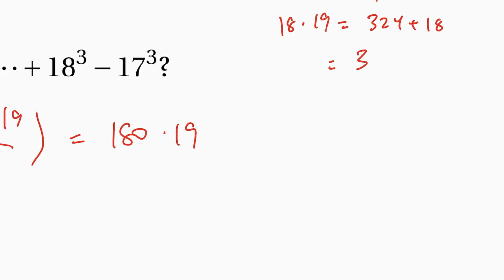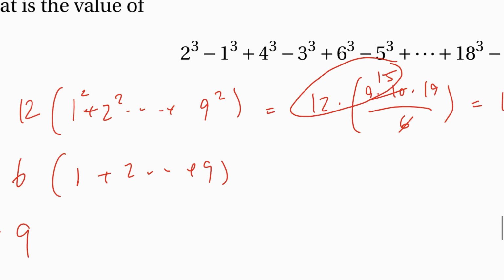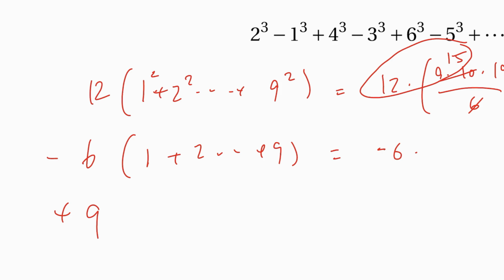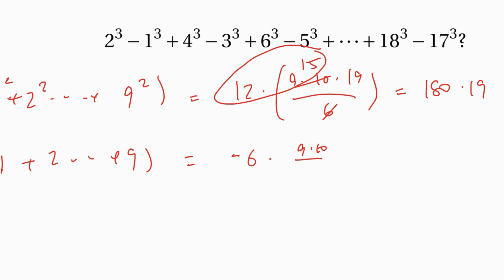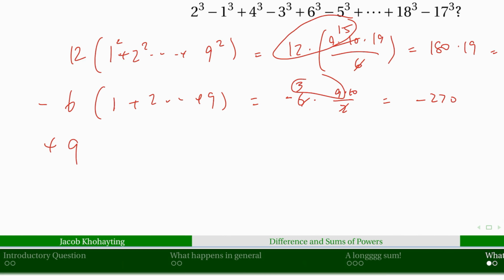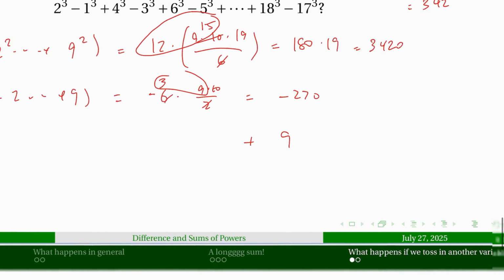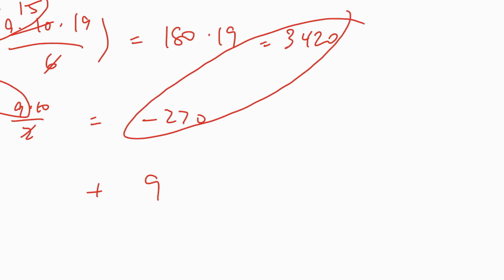Right, so 342, so 3420. Okay, we have this minus 6, so minus 6 times 9 times 10 over 2, this is minus 3, so minus 270 when you multiply the 3 and 9. And then we have to add 9, so add 9 here. So when you do that, what's this thing?